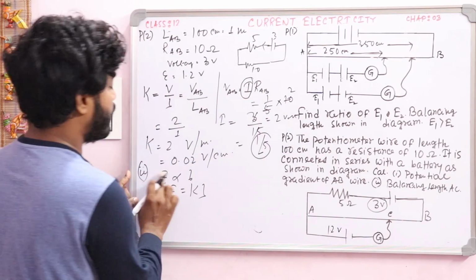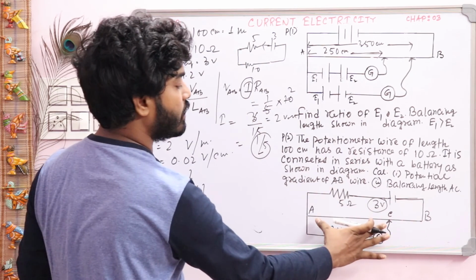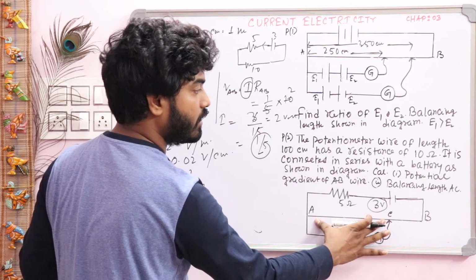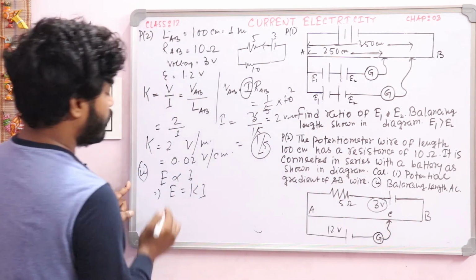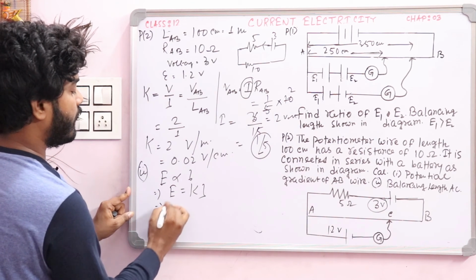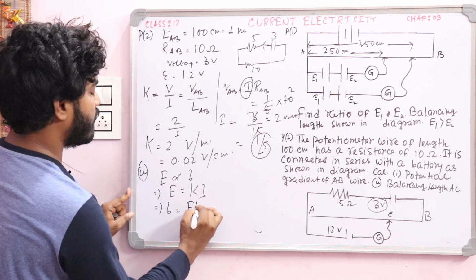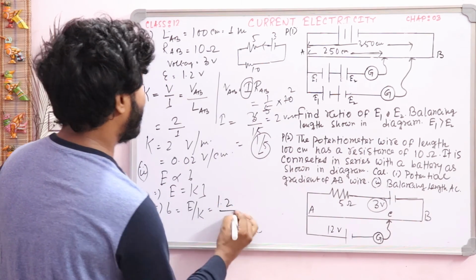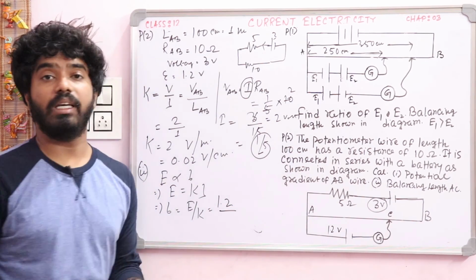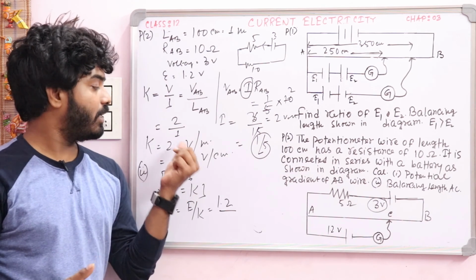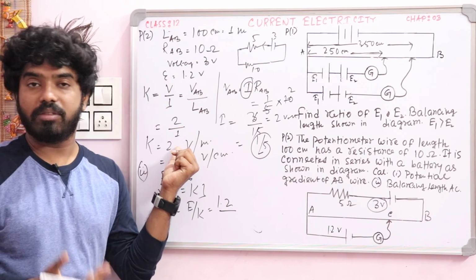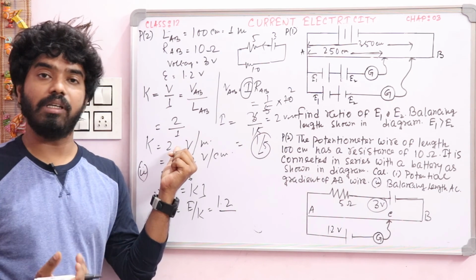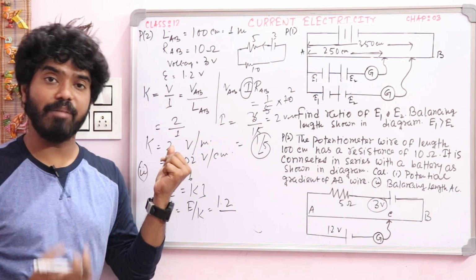So we can write E directly proportional to L. Suppose this length is L and we have to find out this length, that is the balancing length AC. So E is equal to K into L and L equal to E by K, and here the value of E is given 1.2, and K, what is the value of K? K, this one, 2 volt per meter, because K means the voltage drop per unit length.